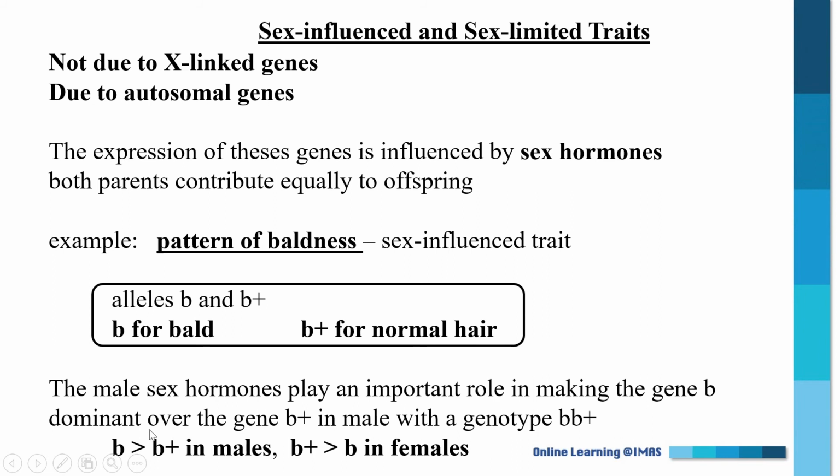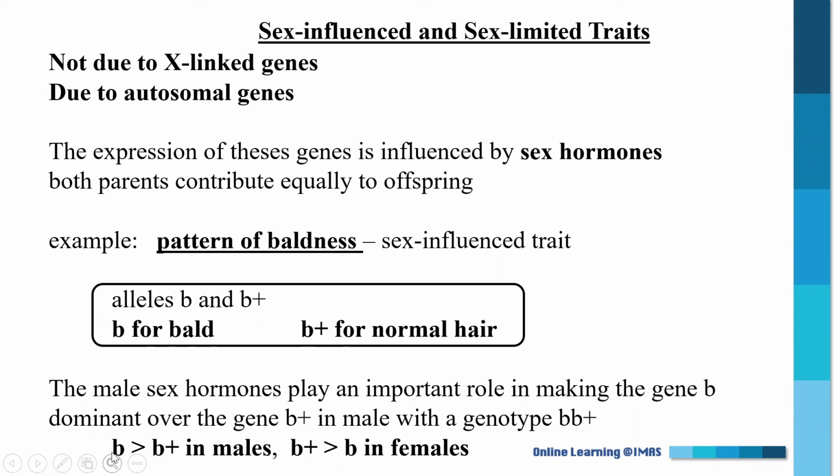So if that person is a male B B plus, what does it mean? His male hormones, like testosterone, are going to make this B dominant over the B plus, meaning the baldness is dominant over the normal hair.